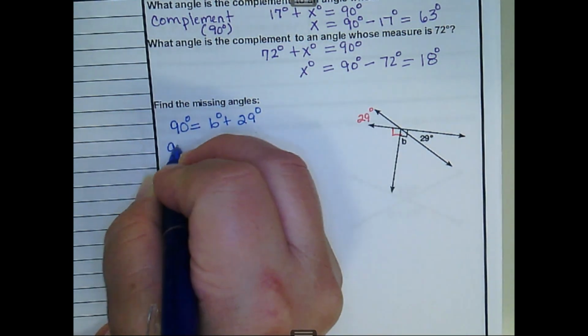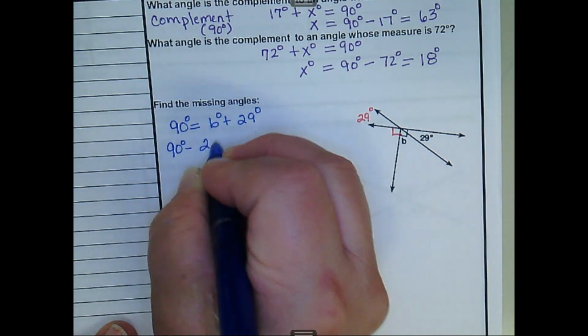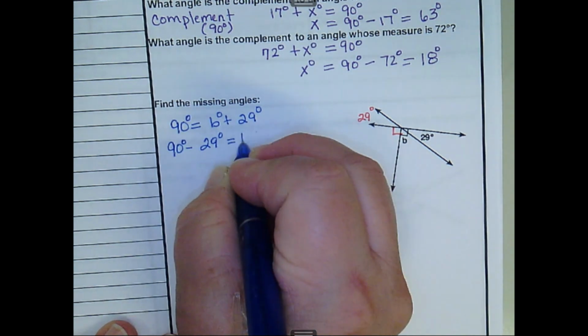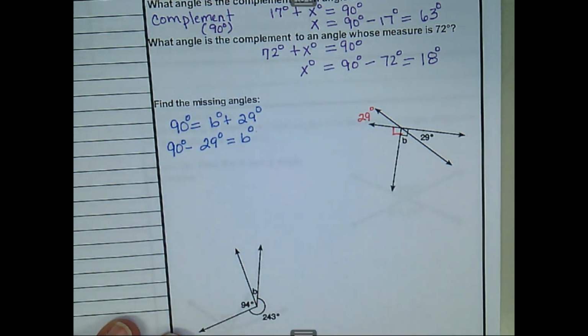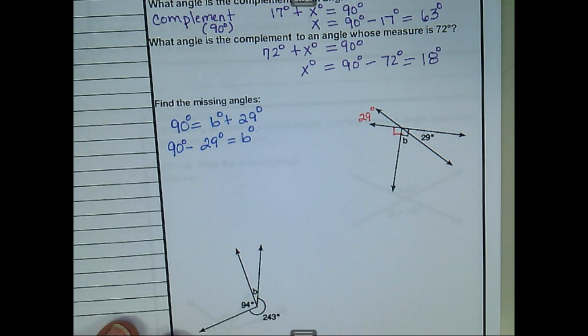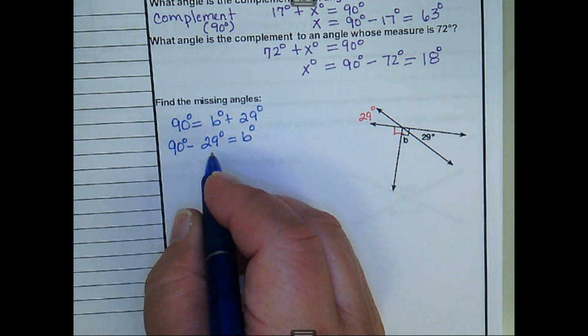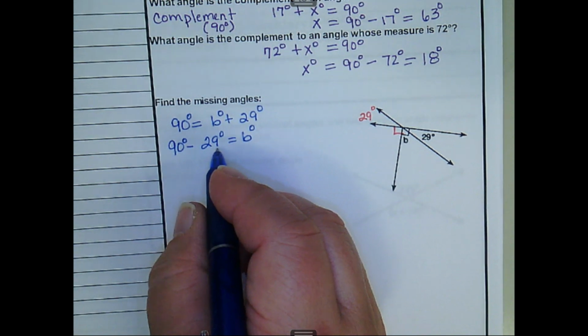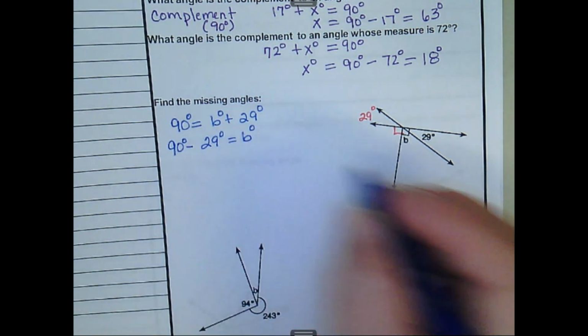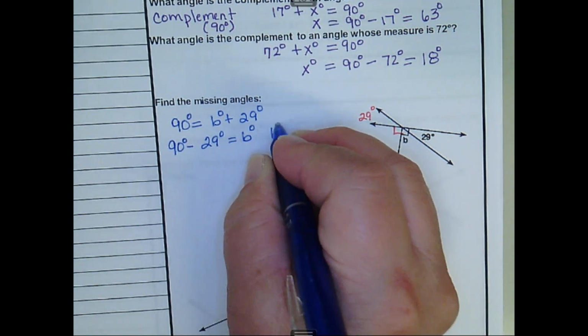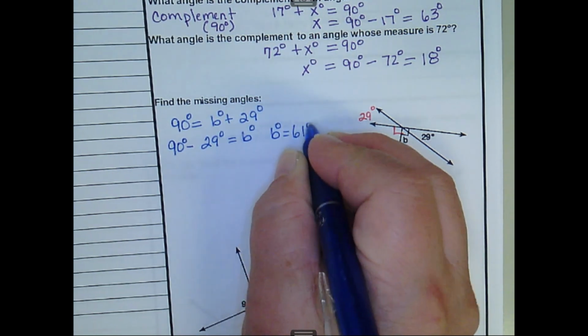So 90 degrees minus 29 degrees is equal to B degrees. Okay, if you have a calculator, now is a good time to find that. So if it was 30, it would be 60, but it's one less, so this is 61. B degrees is equal to 61 degrees.